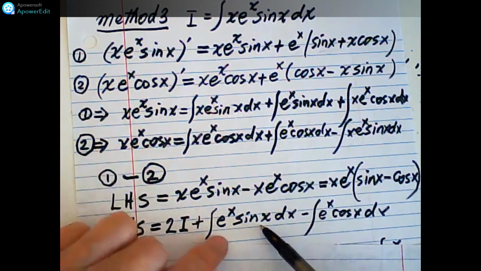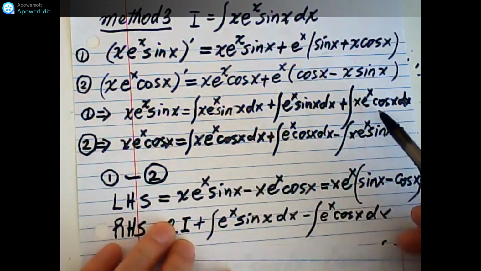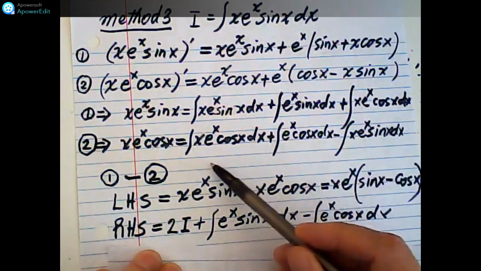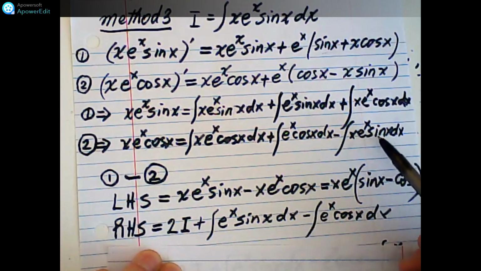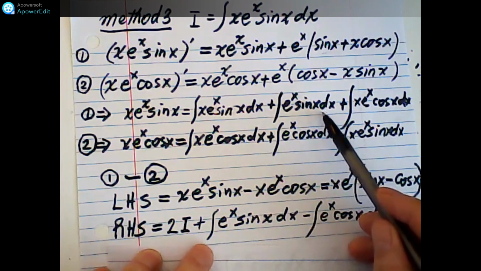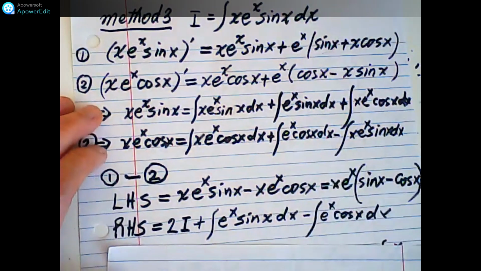And this minus that cancelled out. You see? This minus that on the right-hand side is cancelled out. This is I, this I is 2 I's. So 2 I's plus this one minus that one.